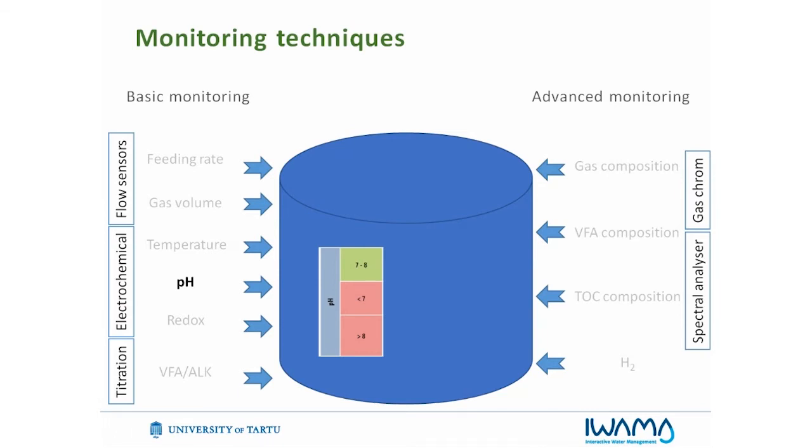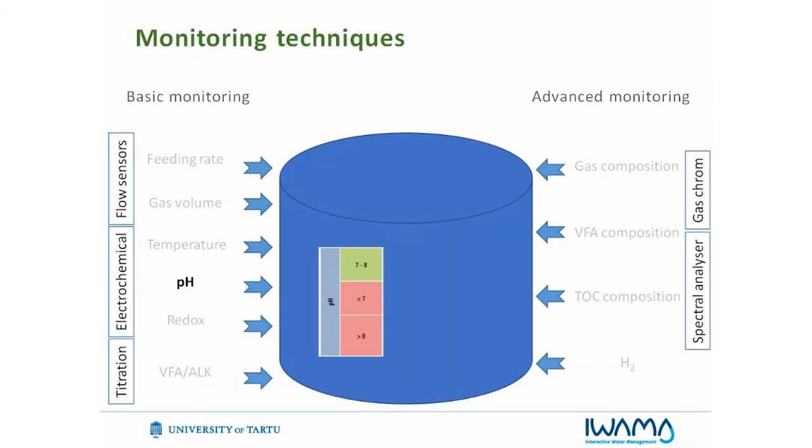pH is normally from 7 to 8. If it is too high, there might be higher limitations of ammonia inhibition, and the reactor methanogenesis doesn't work well either. And if it goes too low, then we probably have an overloading scenario.